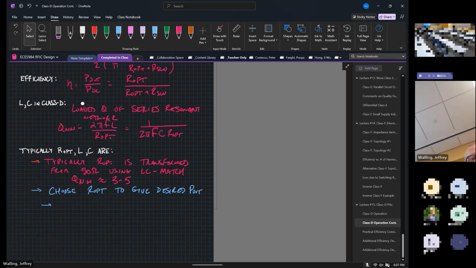We choose our R opt that's going to give us the desired output power, and we synthesize a matching network to transform 50 ohms to our R opt.